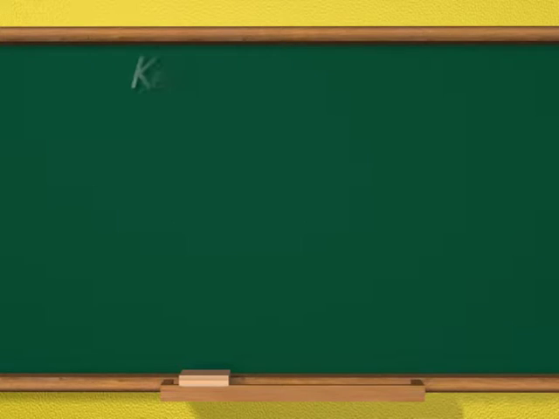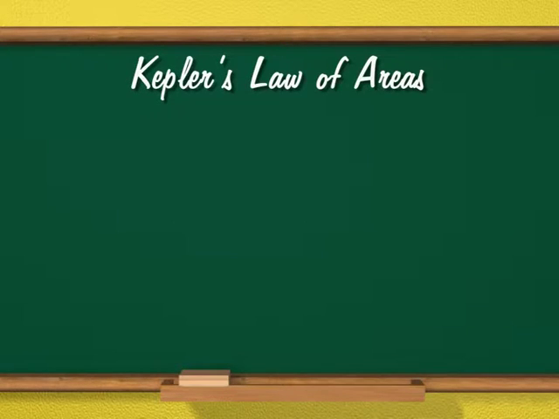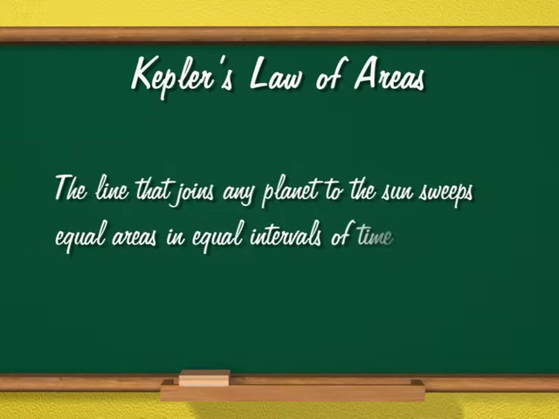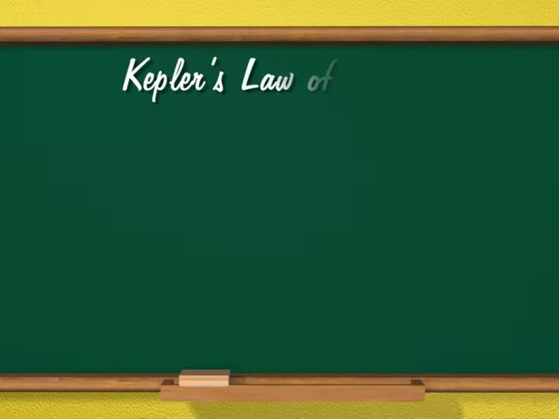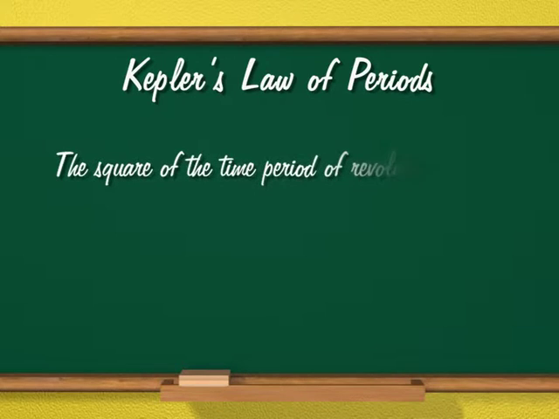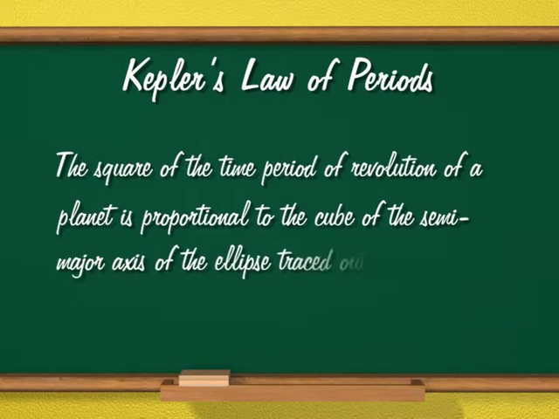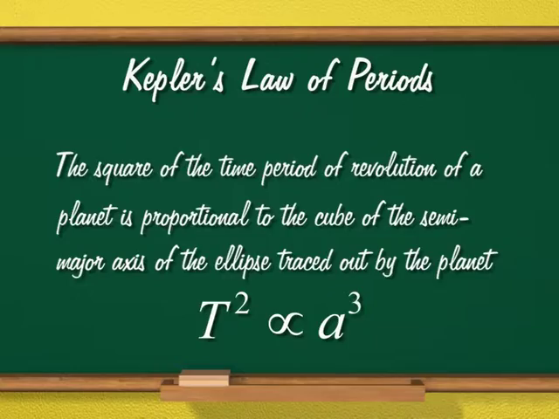According to Kepler's law of areas, the line that joins any planet to the Sun sweeps equal areas in equal intervals of time. Finally, according to Kepler's law of periods, the square of the time period of revolution of a planet is proportional to the cube of the semi-major axis of the ellipse traced out by the planet.